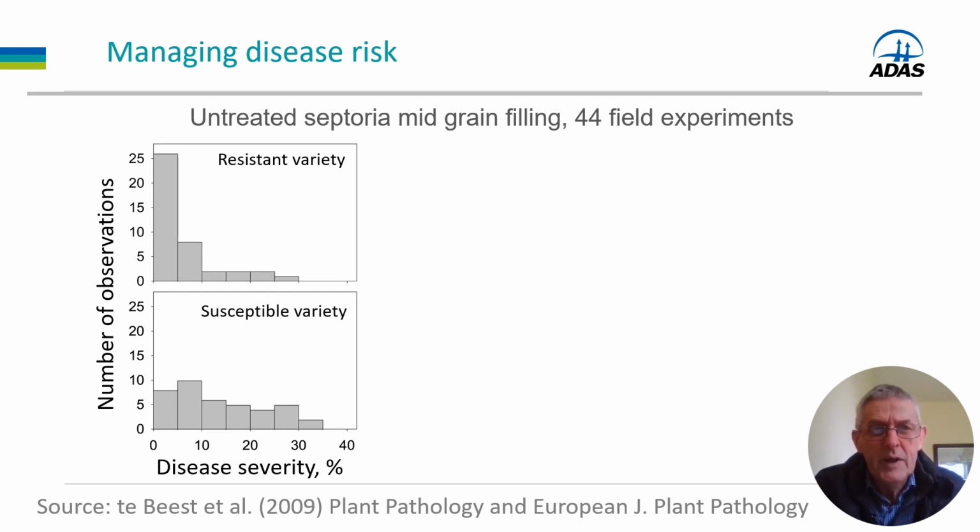Now, for those 44 experiments, we were able to use the weather data to use that long-term disease prediction that I showed earlier to separate out these sites into sites for which we predicted disease would be low, or sites where we predicted there was a risk of a damaging epidemic.